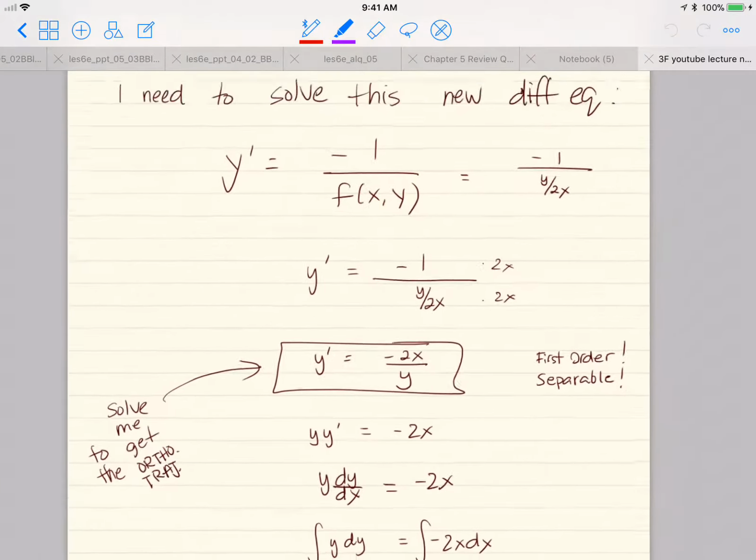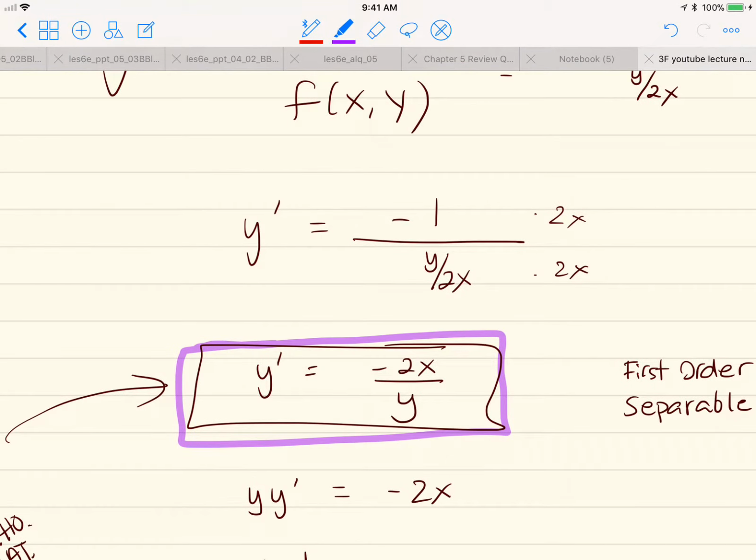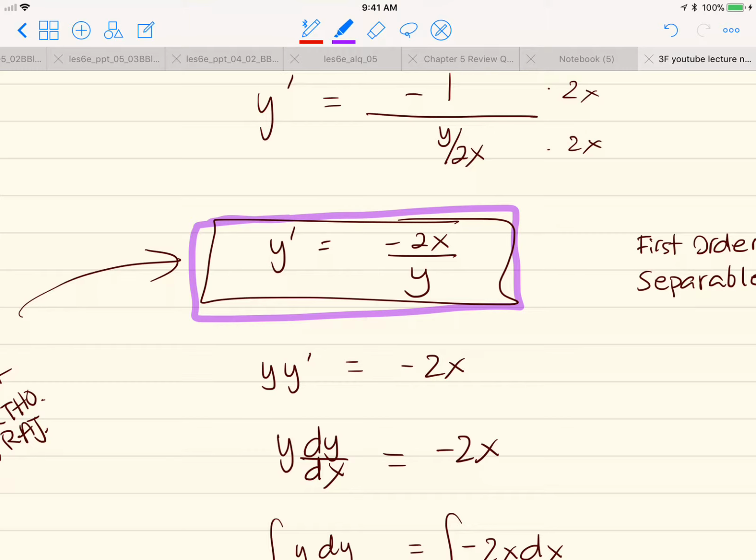So our brand new differential equation is right here. And this time we were able to solve it using separation of variables because we had a first order separable differential equation. So when you are finding your orthogonal trajectories, you will be able to solve the resulting differential equation using the methods that we've learned so far in this course.